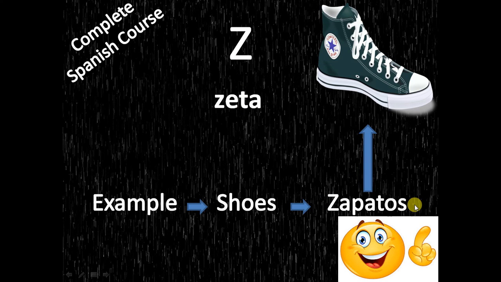When a letter is used in combination with other letters, the sound of the combined letters is different. So here we will not read this seta patos, we will read zapatos. This confusion will clear in the upcoming lectures if you are confused here.